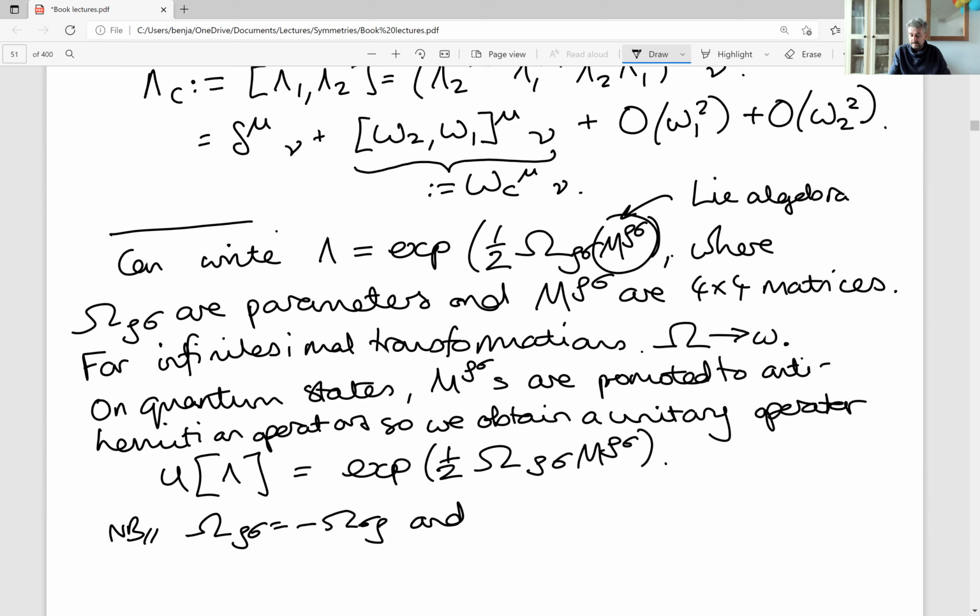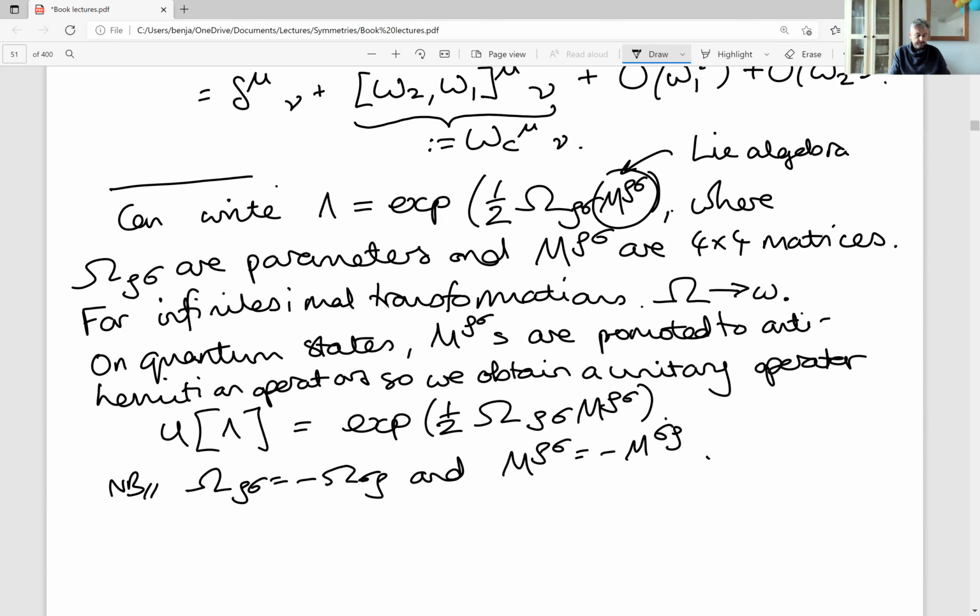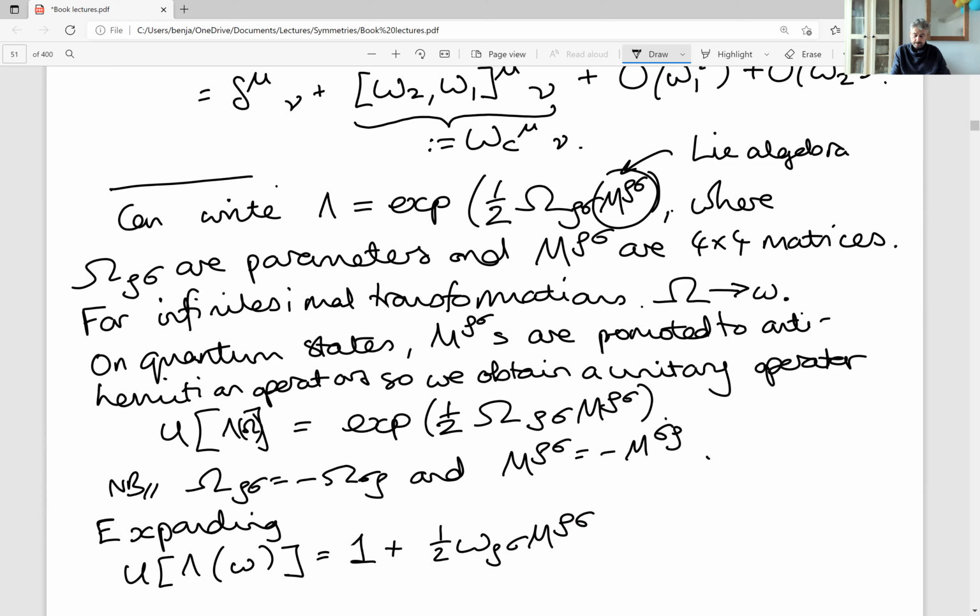And it's then the same for the M's as well. So now, if we expand out this unitary operator, strictly speaking this is of a large transformation, so expanding U of lambda of omega, this is going to be 1 plus a half omega rho sigma M rho sigma plus dot dot dot.